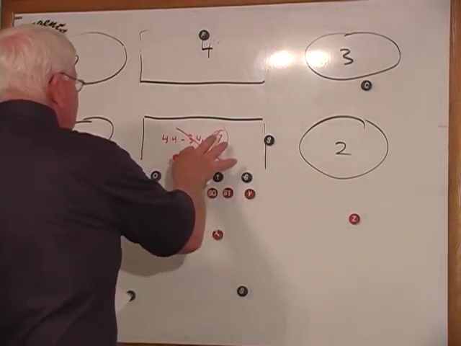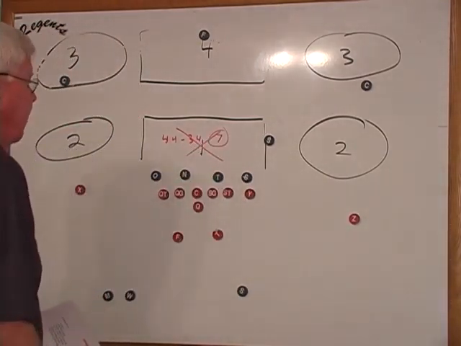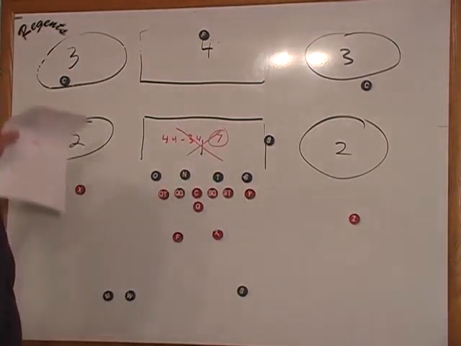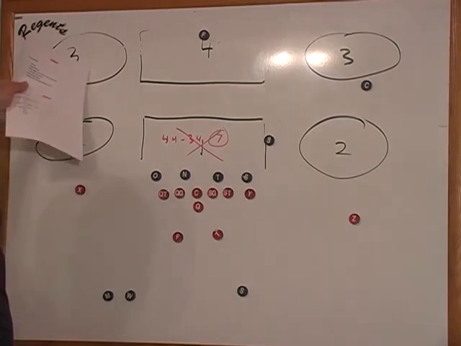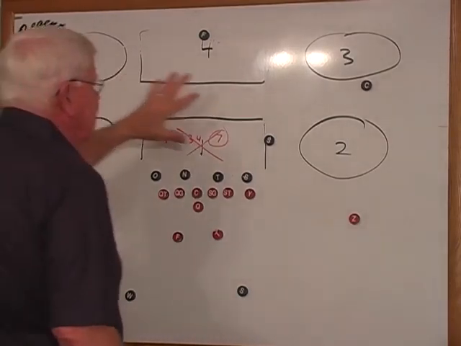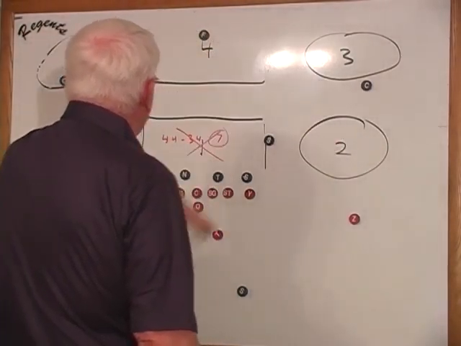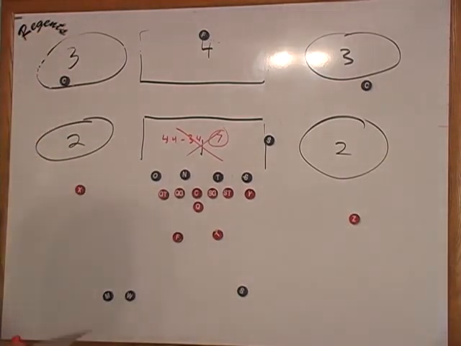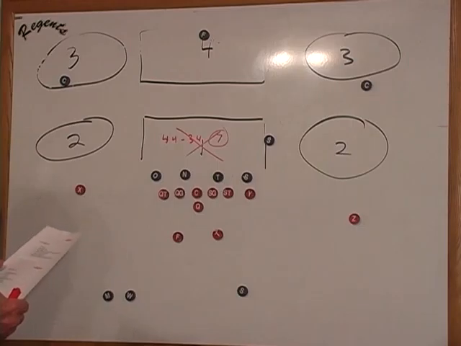The only time we're concerned about this is for pass protection, of course. But if we're attacking area 3, we really don't care a lot of times what they've got in area 2. If we're attacking this area, we certainly don't care what they've got here. We want to attack areas where they are weak.